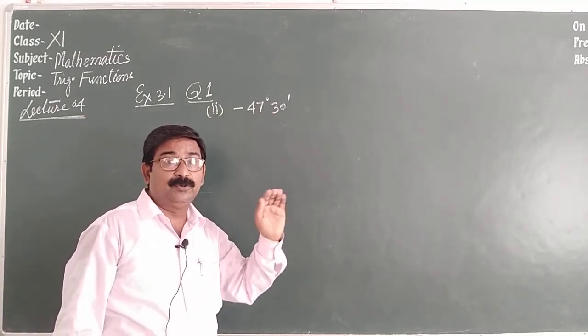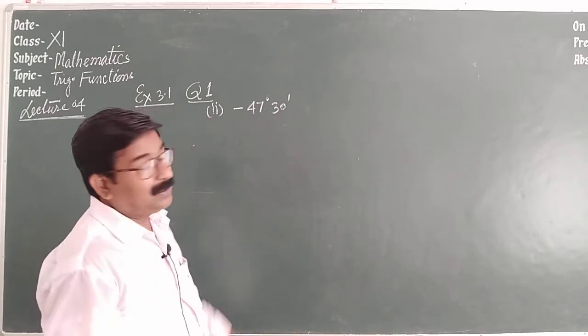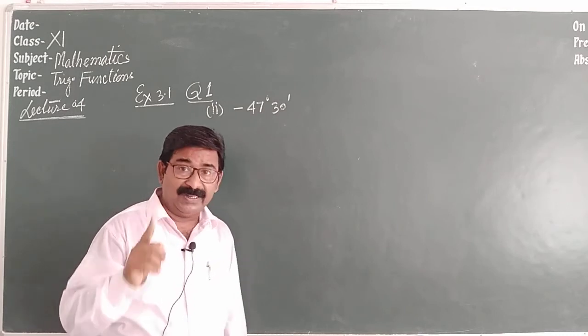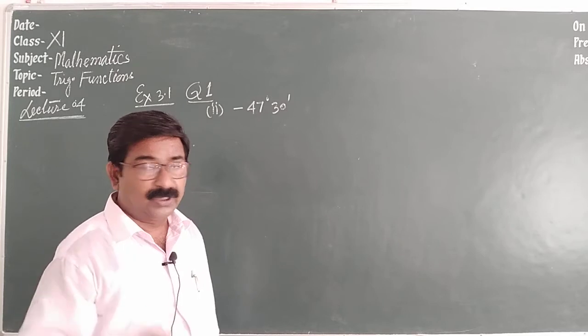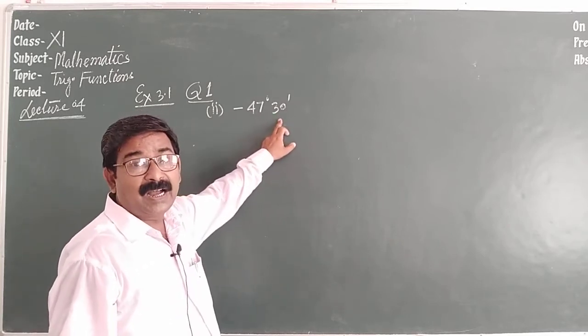Unless we change into degree, we cannot change into radian. So you know that 1 degree is equal to 60 minutes. Here we have 30 minutes, means it is half a degree.